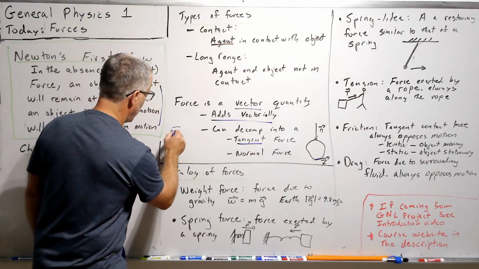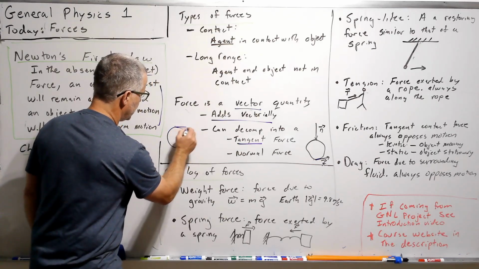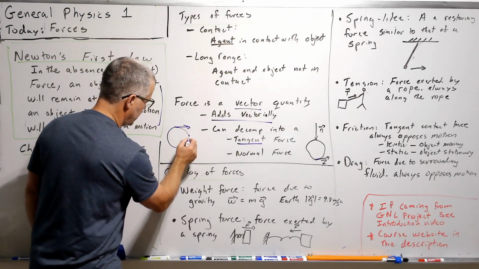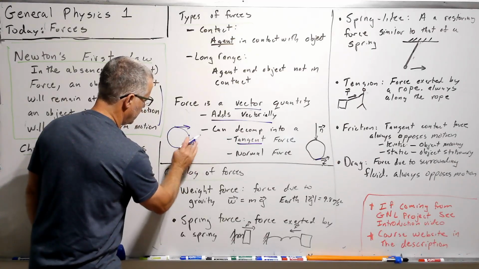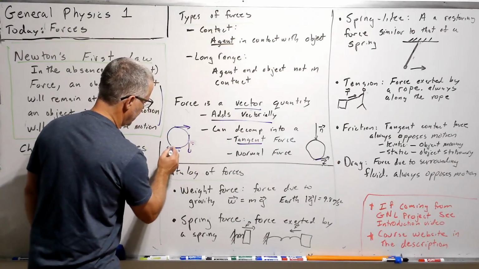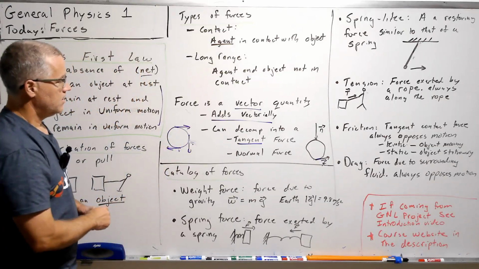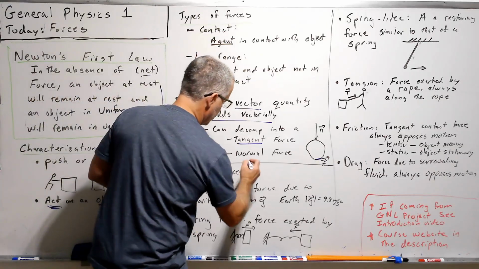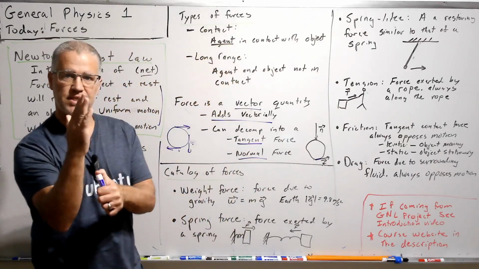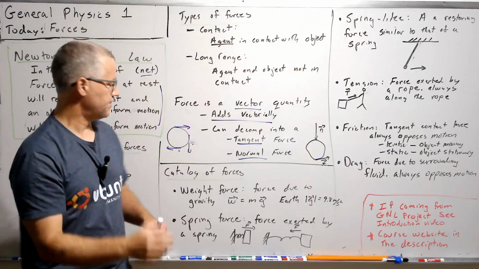So let's say we have a round object. If we're acting here like this, that's a tangent force. Here would be a tangent force. This would be a tangent force, and so on. We also have a normal force. Normal means perpendicular to the surface.